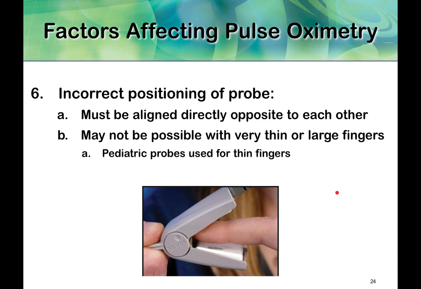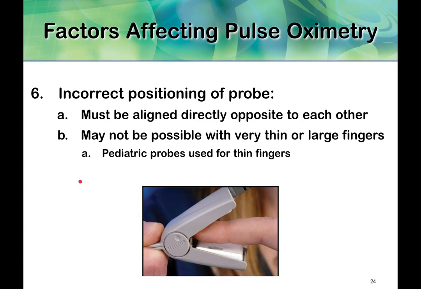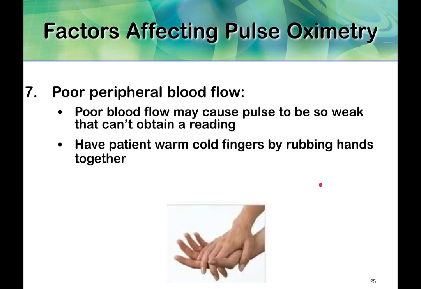Incorrect positioning of the probe. So yes, it needs to be aligned directly opposite each other if it's a clip type probe like this. This might not work with very thin or very thick fingers. So you can use pediatric sizes for thin fingers, and for people with very large fingers, do your best. Poor peripheral blood flow. Yes, this can definitely cause the oximeter to have a hard time.